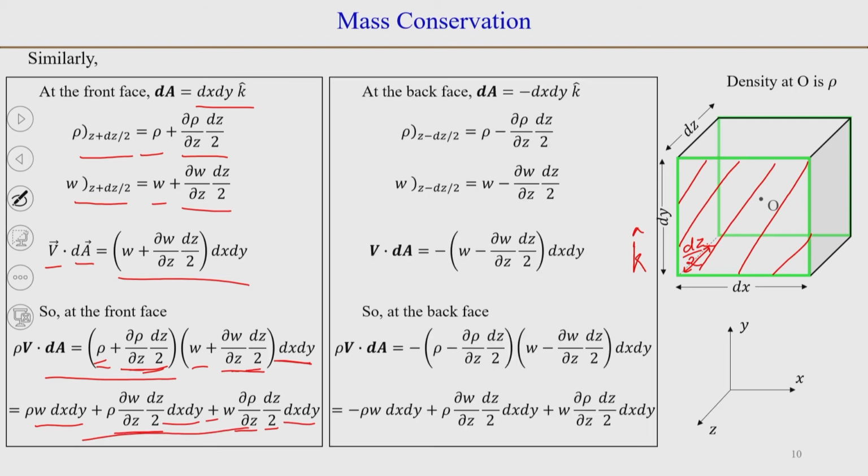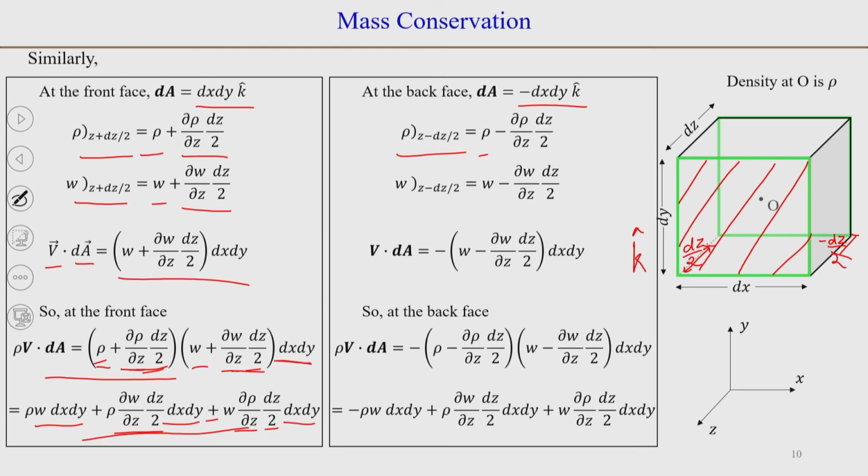The same exercise for the sixth face, which is at the back at a distance of minus dz by 2 from point O, and the normal to it will be pointing towards minus k direction, or the negative z direction. So, the dA will be dx dy into unit vector k. Rho will be at z minus dz by 2, the z coordinate on the back face.